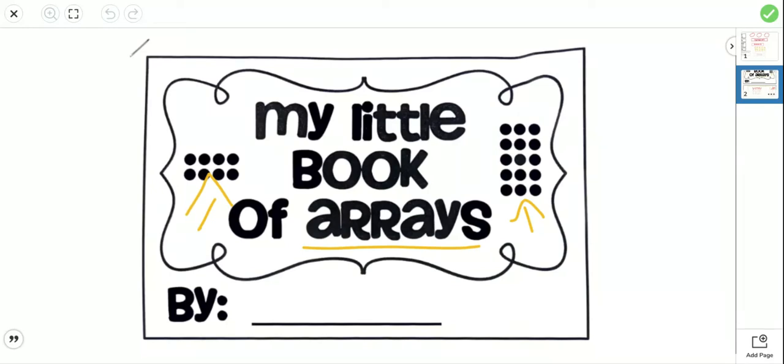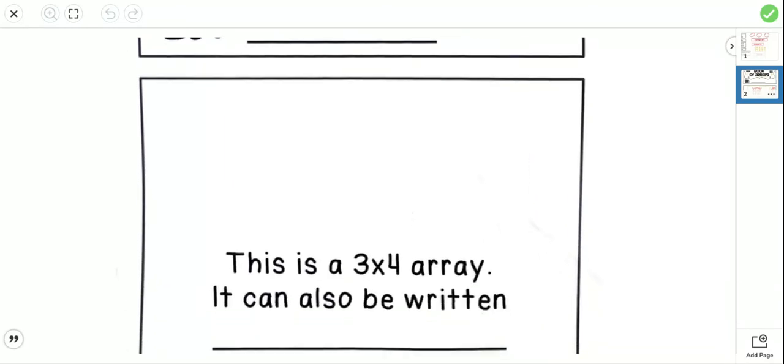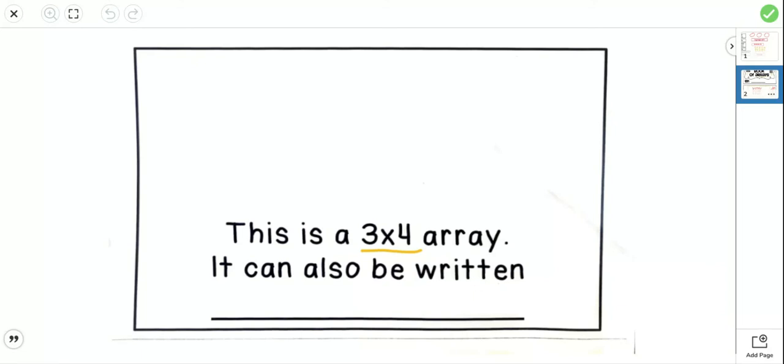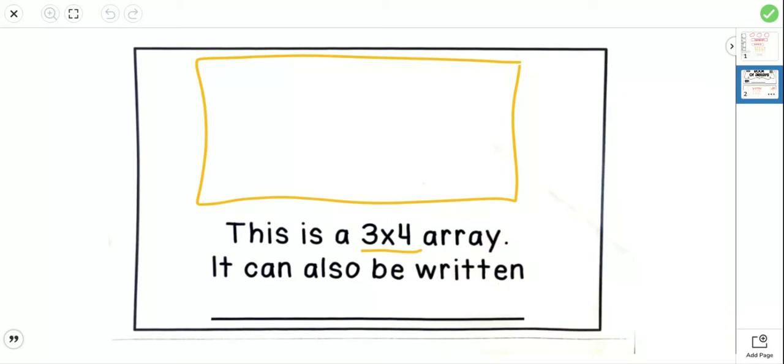The other multiplication representation we'll already see is a times equation. So on this page, it says this is a 3 times 4 array. So that means in this clear box, I need to make a 3 times 4 array.